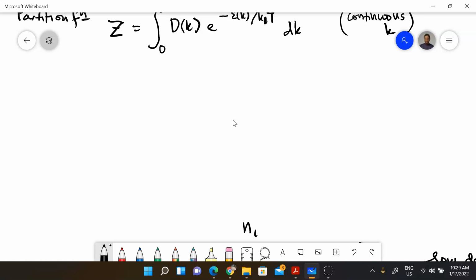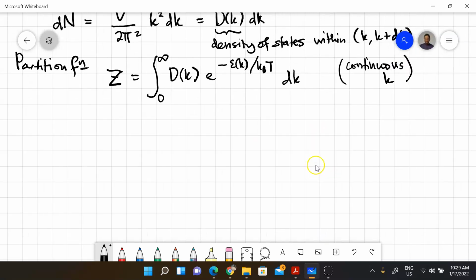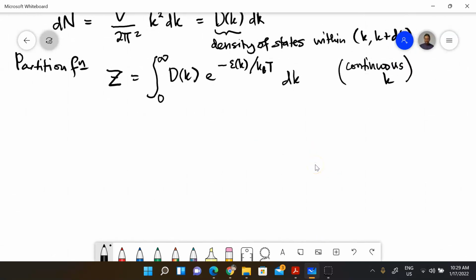So your 3D case is given by, what was the density of states here? It's V over 2 pi squared, k squared dk.